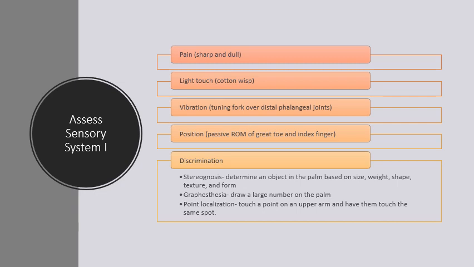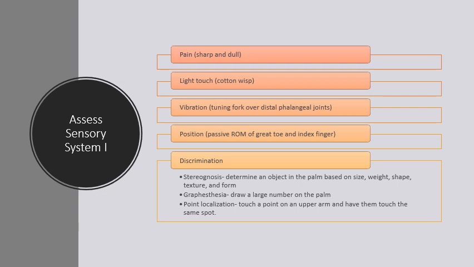And then discrimination. So these are tests that are done to see whether or not somebody can recognize objects, or discrimination of distinct sensory. So stereognosis is you put an object in the person's hand and they feel it and they can decide what it is.